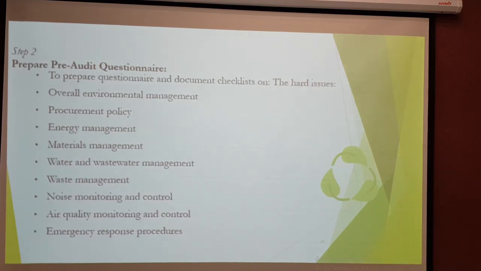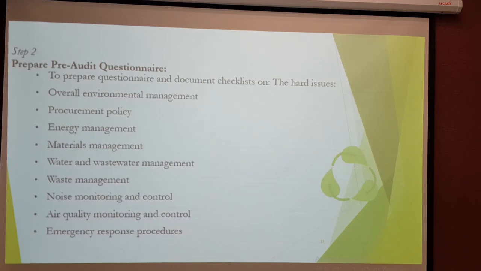So for preparing the questionnaire, document and checklist, the main issues are overall environmental management, what type of environmental management is being implemented by the agency, the industry, the factory. Then procurement policy, what type of management they are doing. Energy management, how energy is procured and how they are utilizing it.